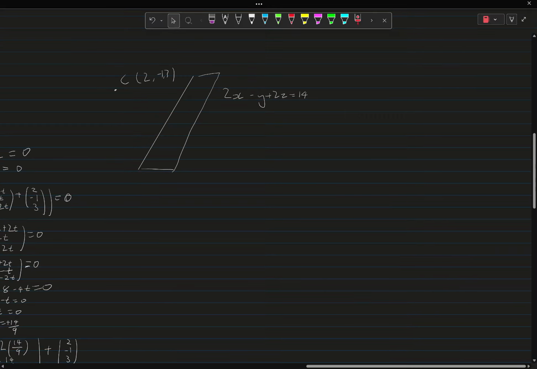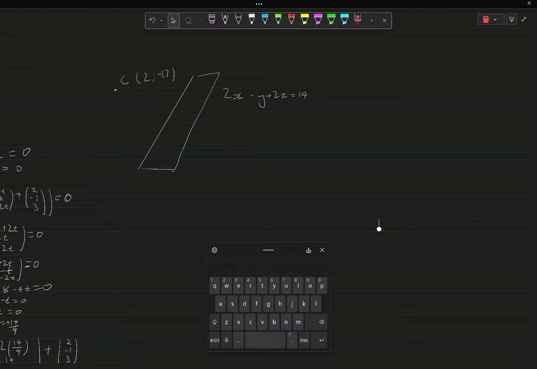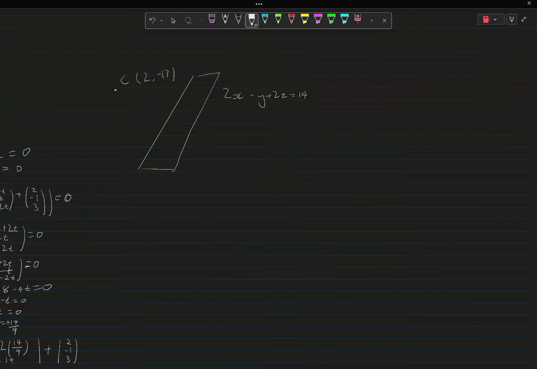So we need to find the minimum distance between the sphere and the plane, and to get it in terms of r, because the radius can be whatever. It can be like that, or it can be that.